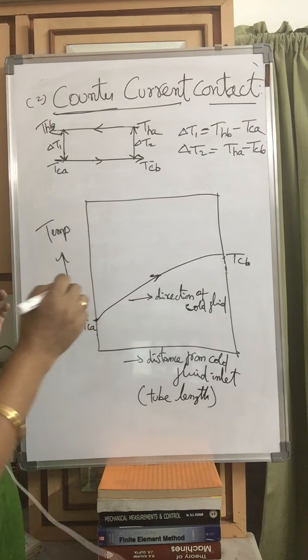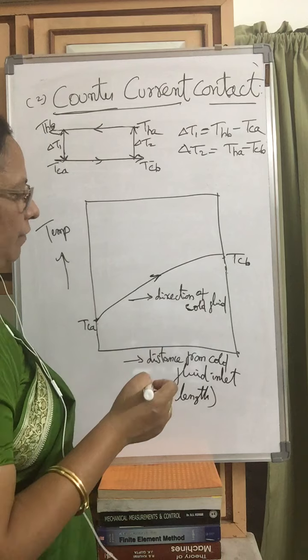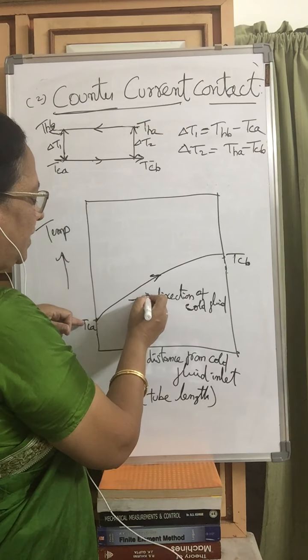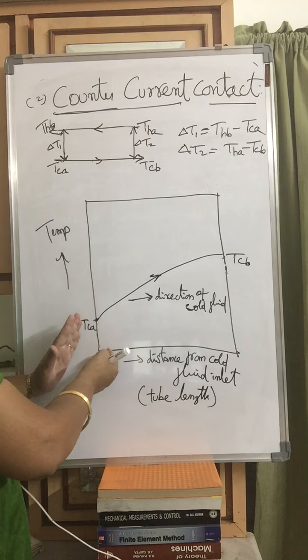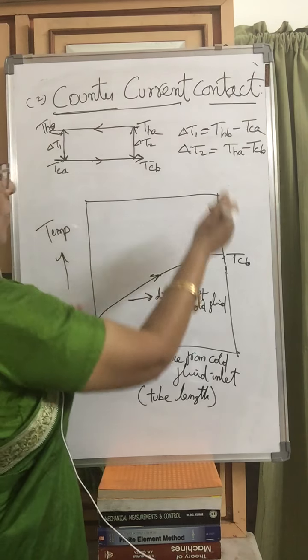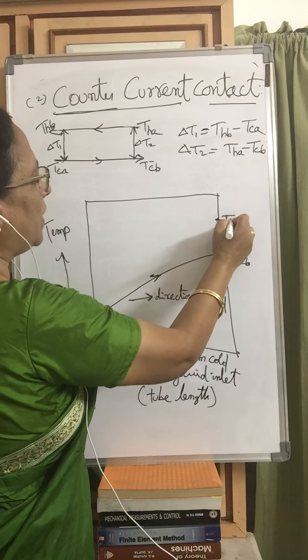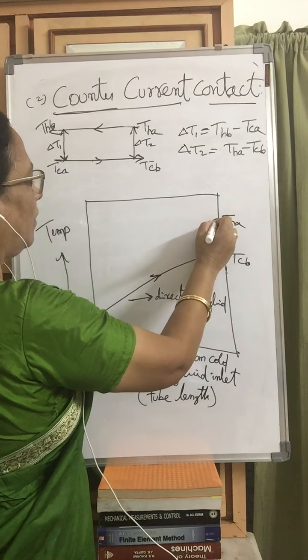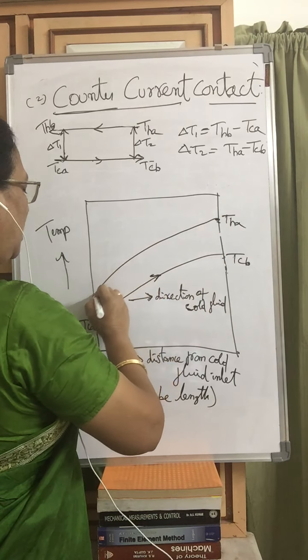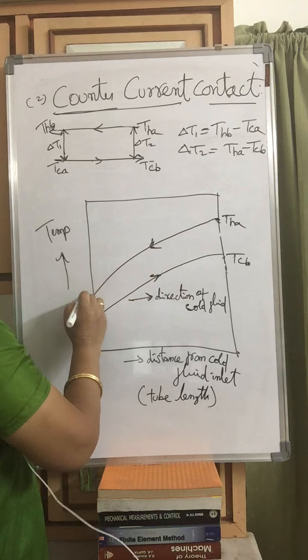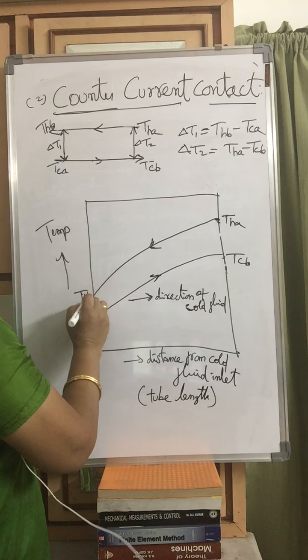Next, we will draw the curve for hot fluid. When cold fluid is entering at this entrance, then in counter flow, hot fluid enters at the other end. So this becomes THA. Then gradually its temperature decreases. This is THB.